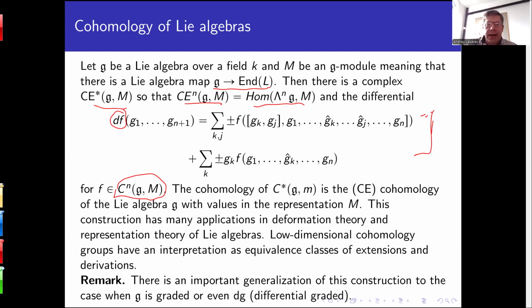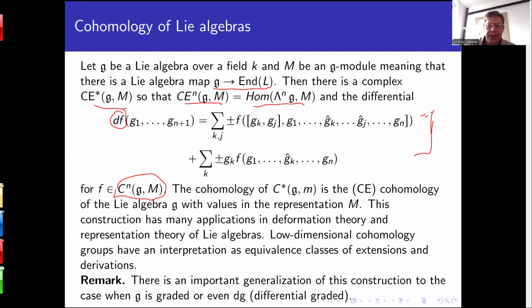All right, so the cohomology of this complex is called the Chevalley and Eilenberg cohomology of the Lie algebra G with values in the module M, or in the representation. So this construction is very well known. It's old. It belongs to Cartan and Eilenberg.